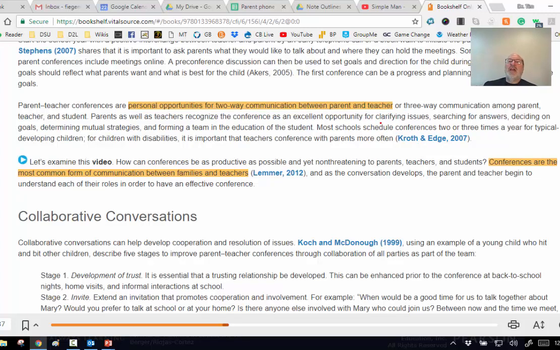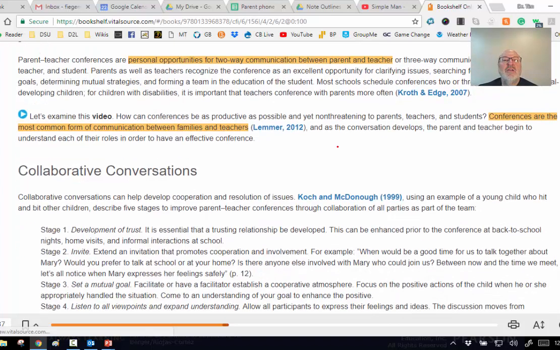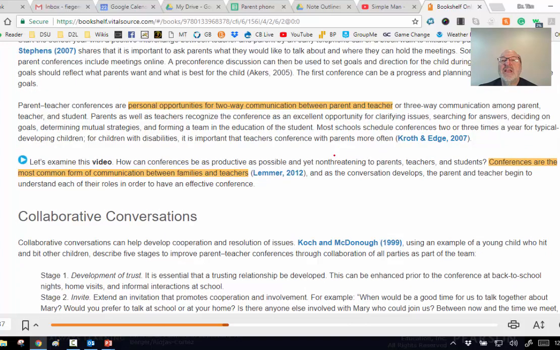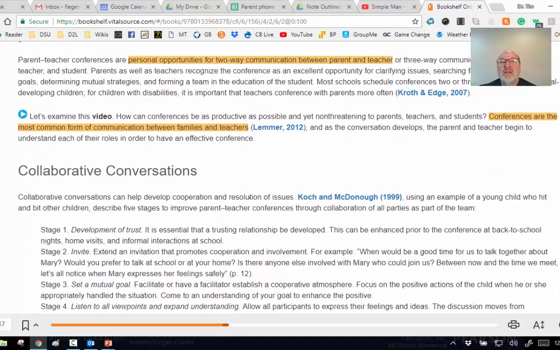And it would not be unusual to have somebody along to interpret if their language is an issue. It could be several parents. It could be a support person if you're in a school where families aren't as traditional. But nonetheless, you put your best foot forward, and hopefully they do. Conferences are the most common form of communication between families and teachers.